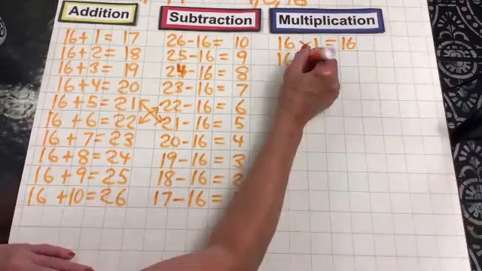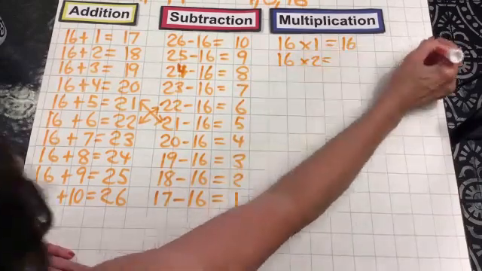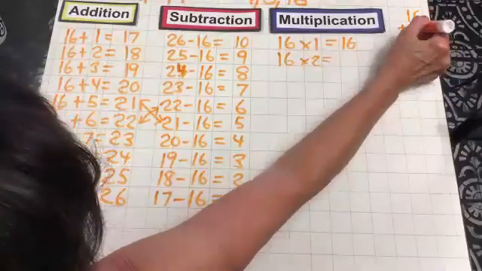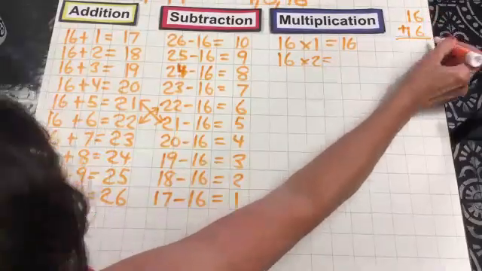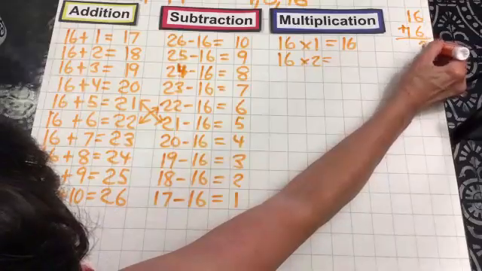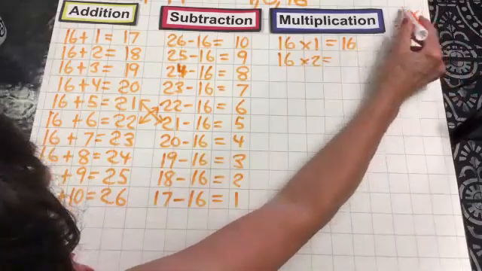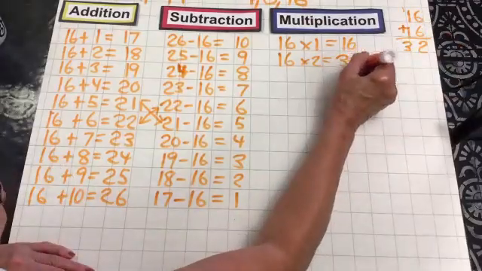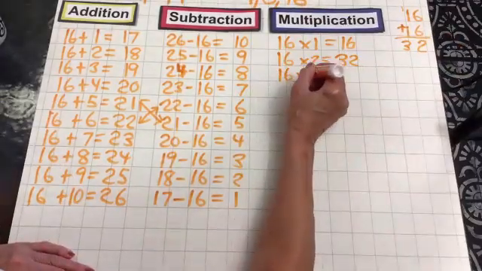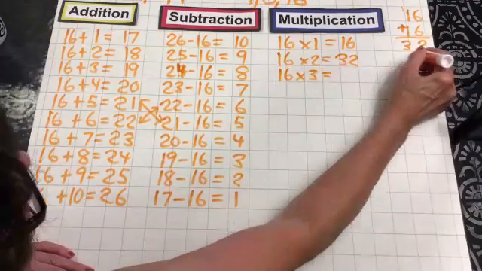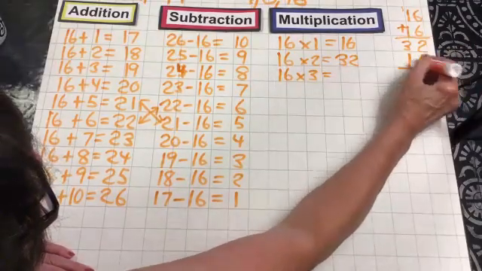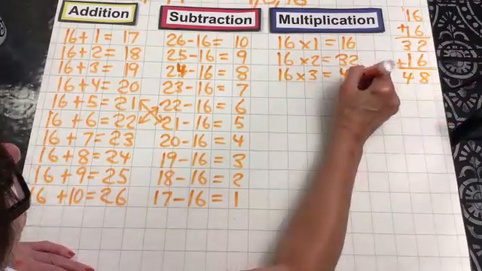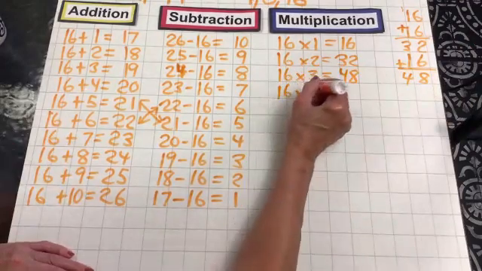Then 16 times 2 equals, and if we come over here and write 16 plus 16, 6 plus 6 is 12, drop the 2, carry the 1. 1 plus 1 plus 1 is 3, so 2 16s is 32. Then we want 16 times 3, that would be 3 16s, so we're going to add another 16 here, which would be 48.